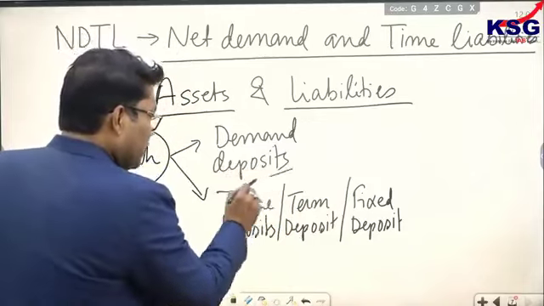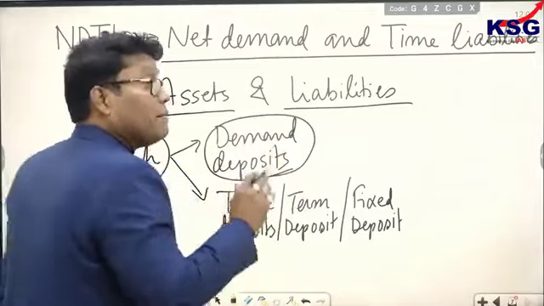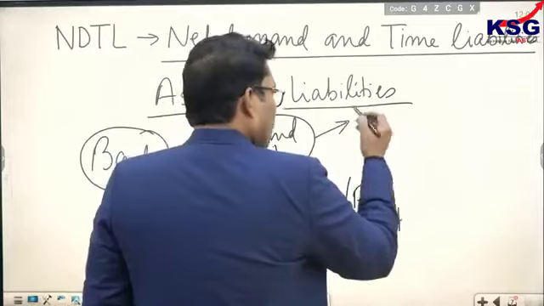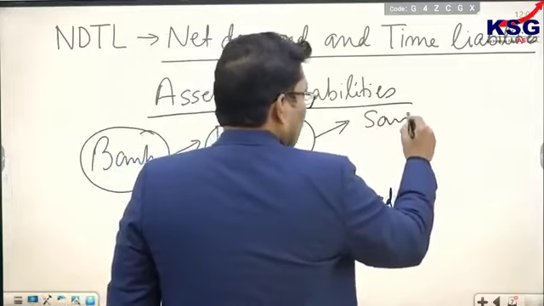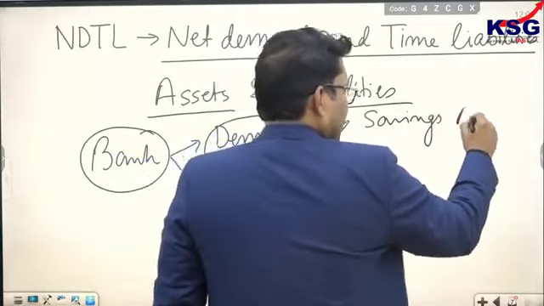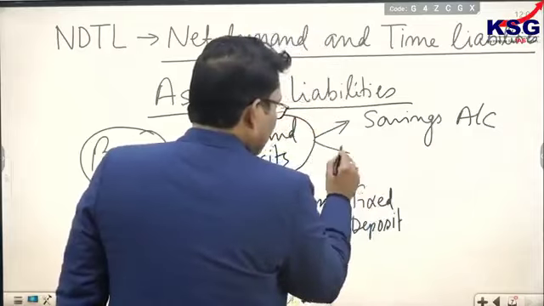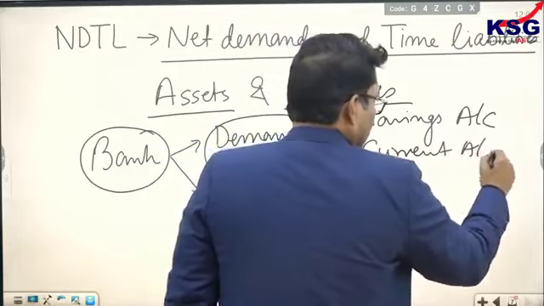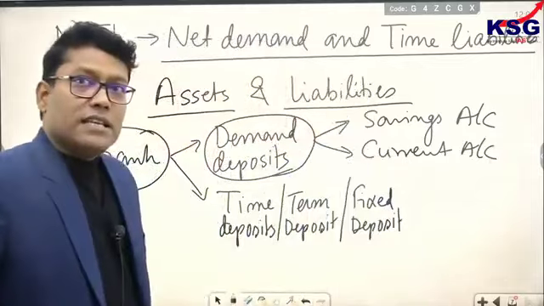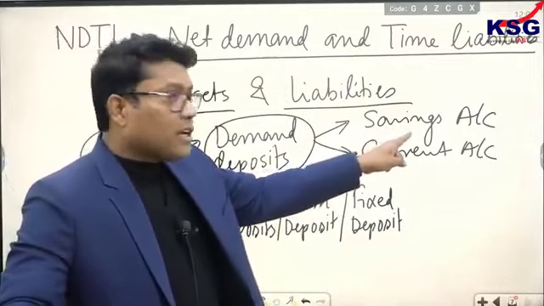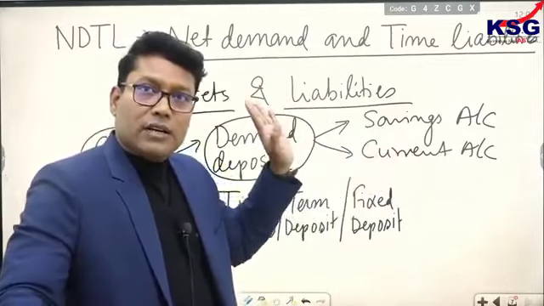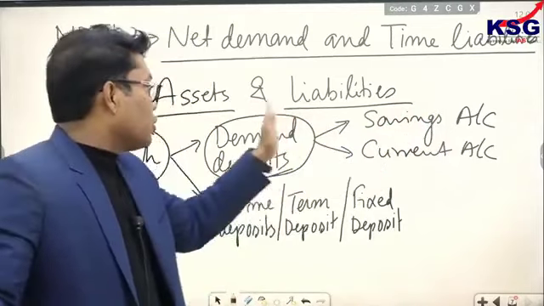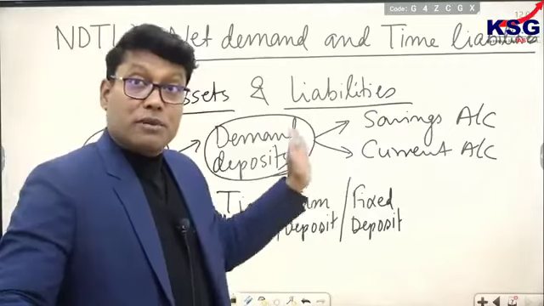Demand deposits we generally make in two ways: one, we open a savings account, and the other, we open a current account. So the money you deposit in these two accounts is in the nature of demand deposits.